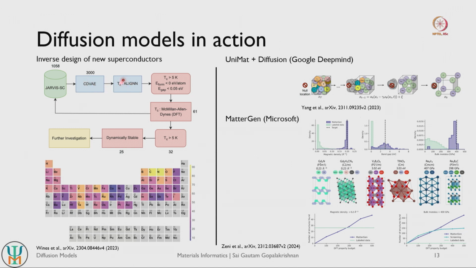They combined the CDVAE along with an Align model. Align is the graph network framework that we used for our transfer learning approaches. They used an Align model to predict your critical temperature, and then they used a combination of these two models to predict newer compositions, newer superconductors, right.